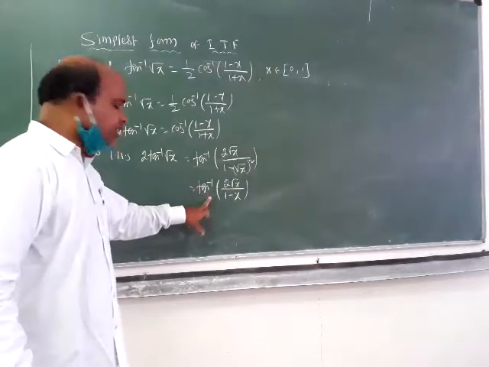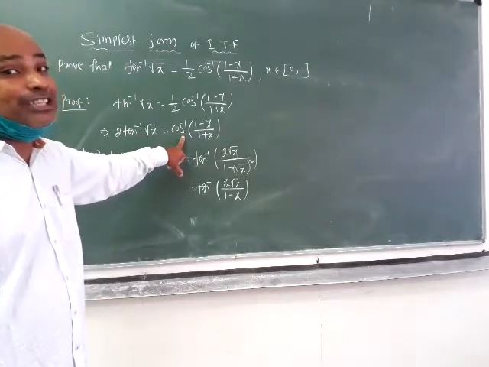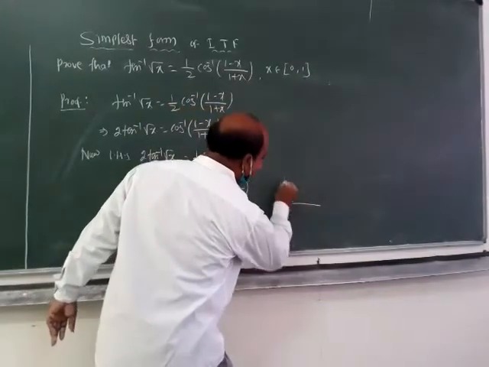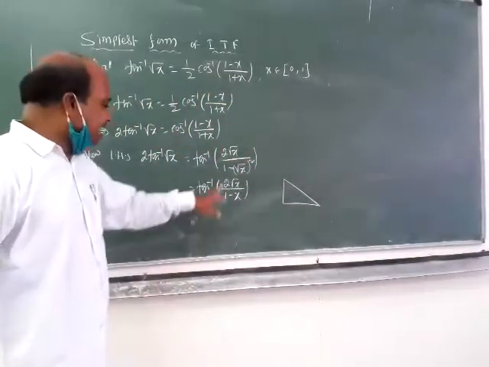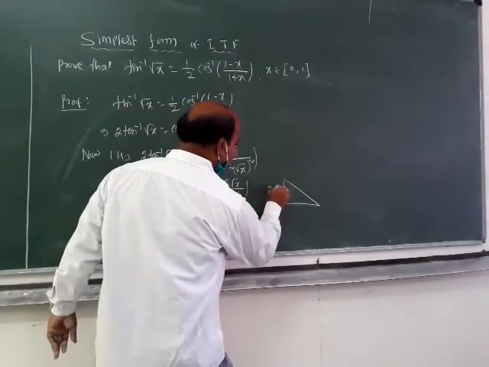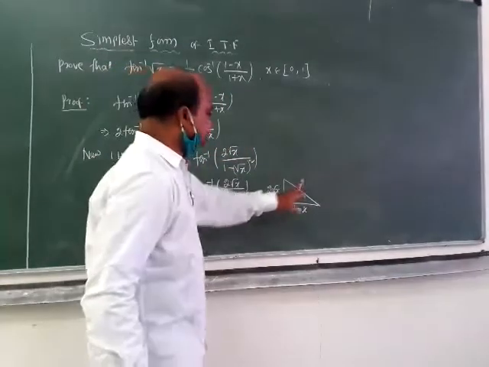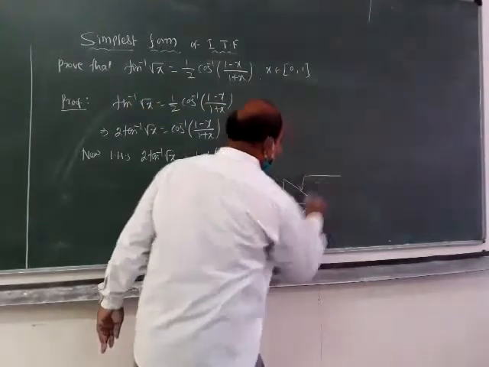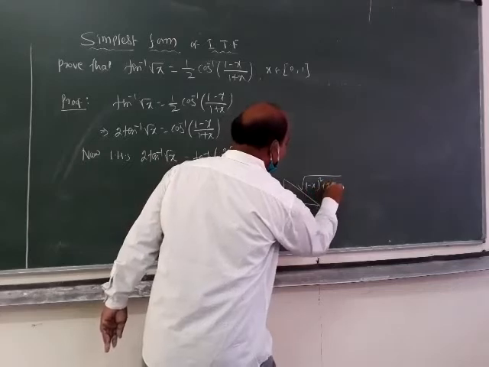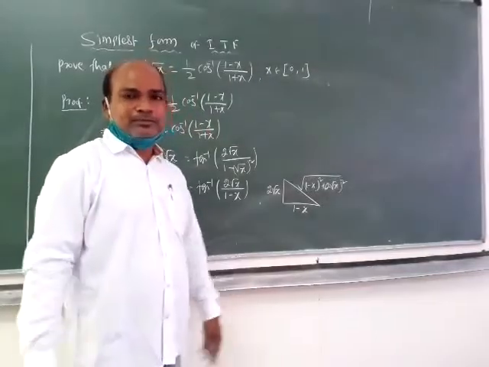Now this tan inverse you want to convert to cos inverse. How? By using the Pythagoras formula, taking a right angle triangle. Draw one right angle triangle. Tan is opposite by adjacent: opposite 2 root x, adjacent 1 minus x. The hypotenuse is under root of (1 minus x) whole square plus (2 root x) whole square, by the Pythagoras formula.